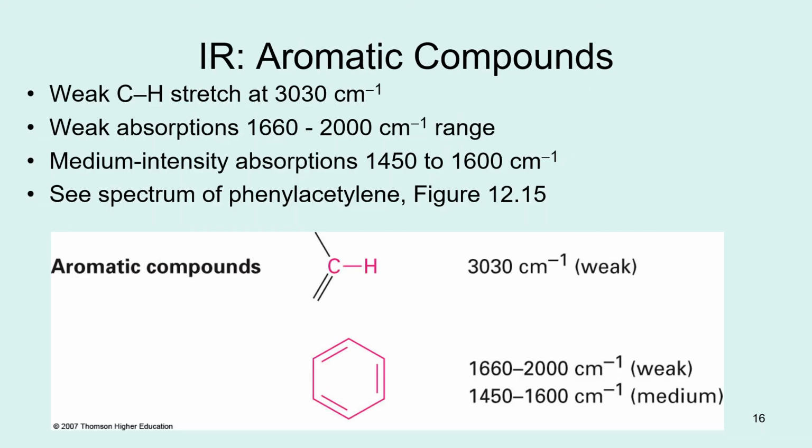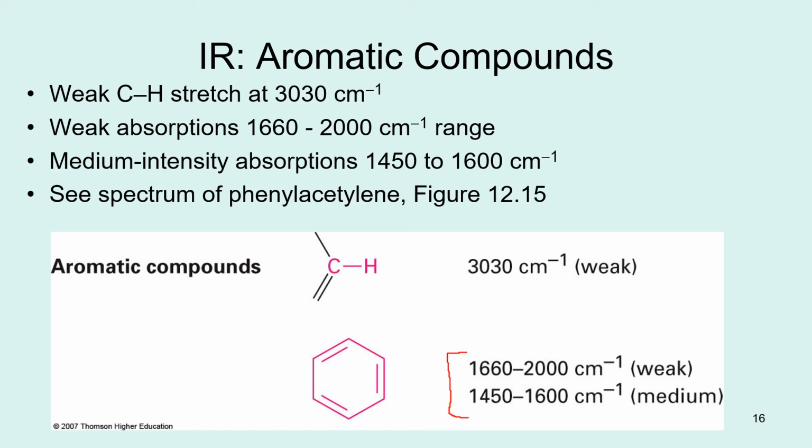All right, some other functional groups that would be very helpful to look for. Aromatic compounds. Remember that a benzene ring, or compounds that have a benzene ring, have 3 double bonds, so they tend to be a little bit higher up than a single C double bond stretch.